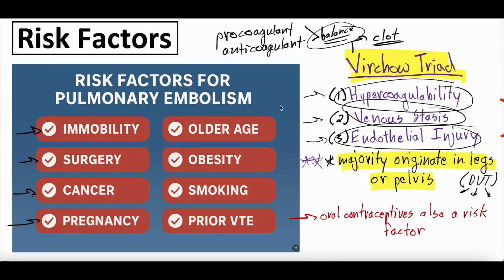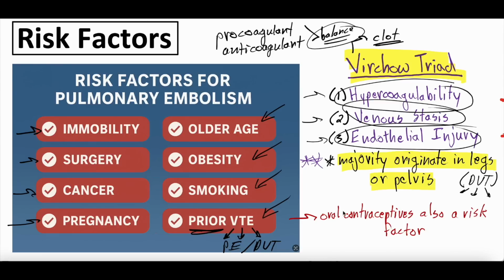Pregnancy, same thing. Older age is a risk factor. Obesity, smoking, prior VTE. VTE stands for venous thromboembolism. This is just prior pulmonary embolism or prior deep vein thrombosis. Anyone who has a history of it has an increased risk.